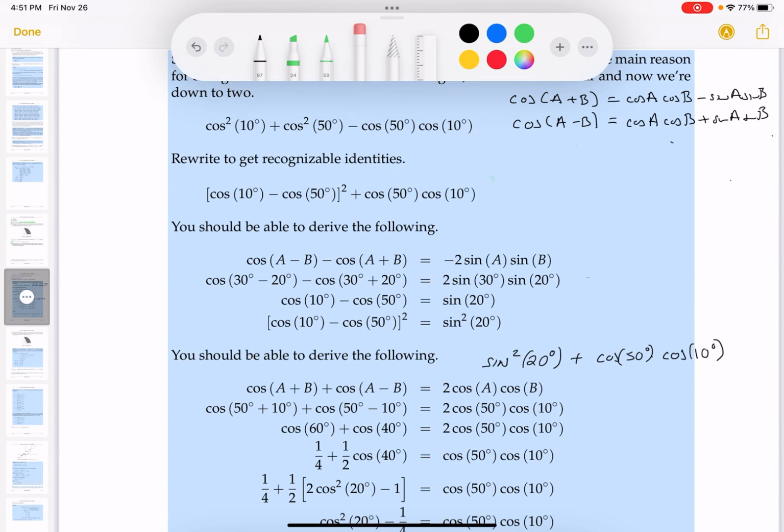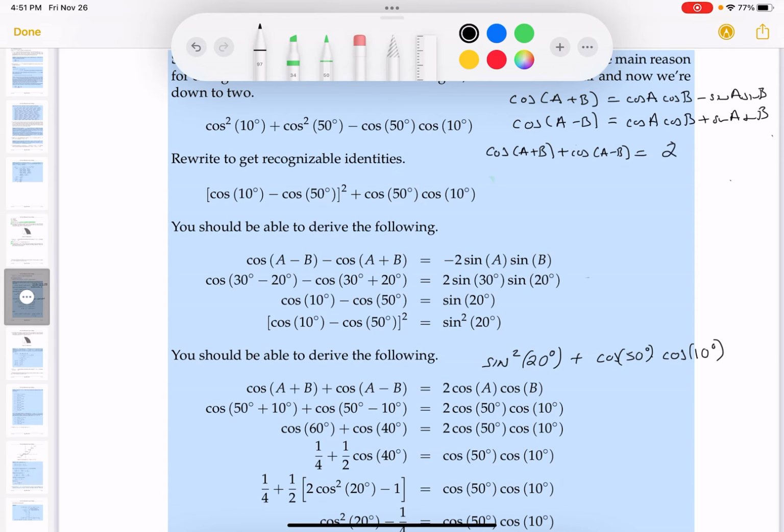And I'm seeing the cosine. So what I'm going to do is add these two together now. So cosine A plus B plus cosine A minus B. And if I add those two together, what do you get?